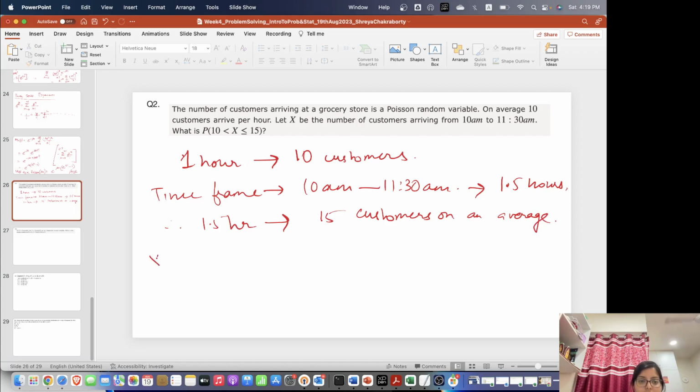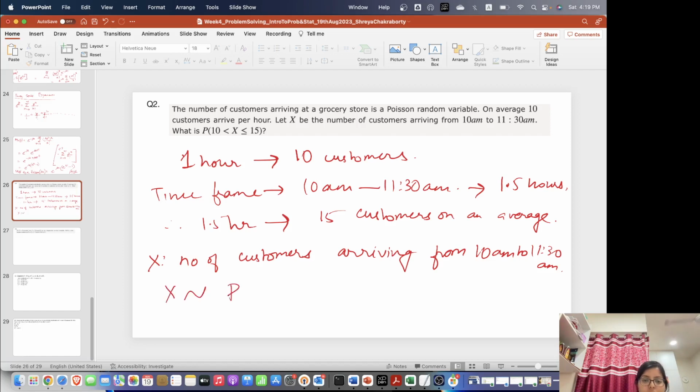Therefore let x be the number of customers arriving from 10 am to 11:30 am. Then x follows a Poisson distribution with mean lambda or mu as 15.